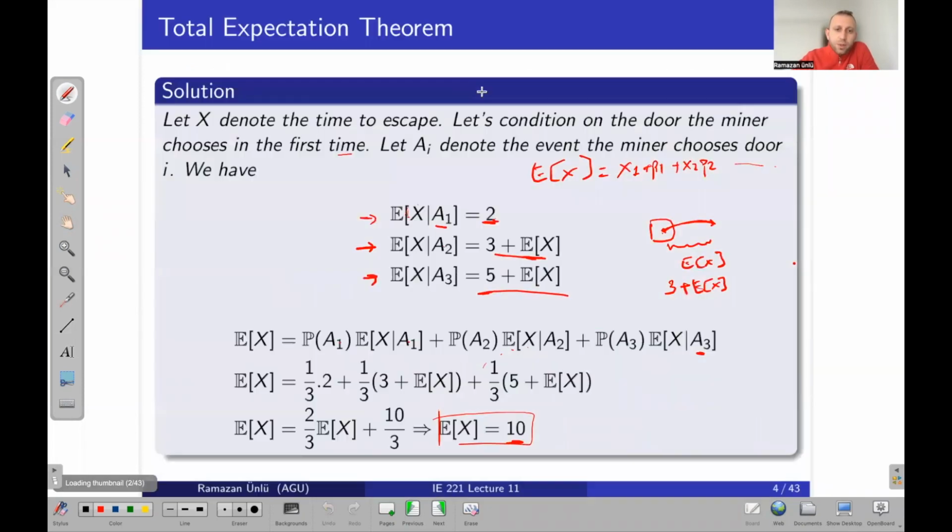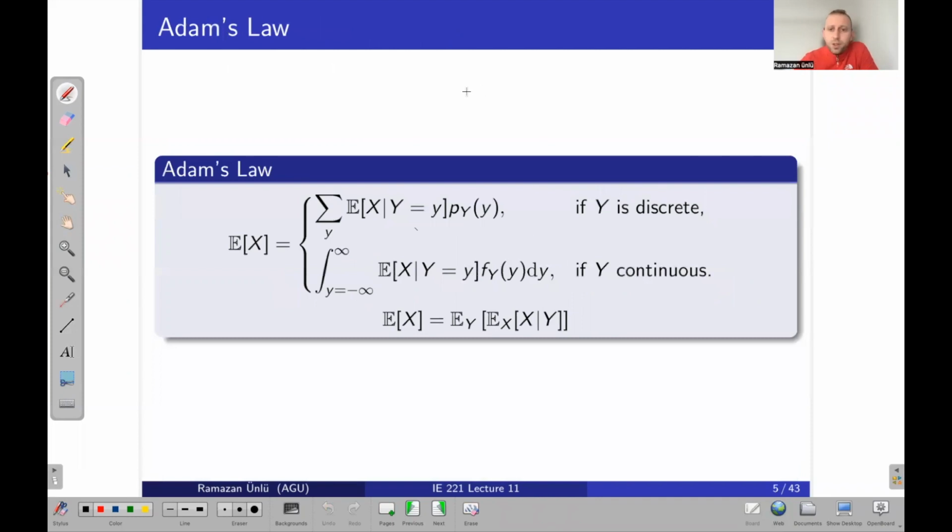Now let's consider that the condition is another random variable. In this case, again, we can calculate the expected value of X, the unconditional one, by using the conditional expectation. But the difference is the condition is just another random variable rather than an event.